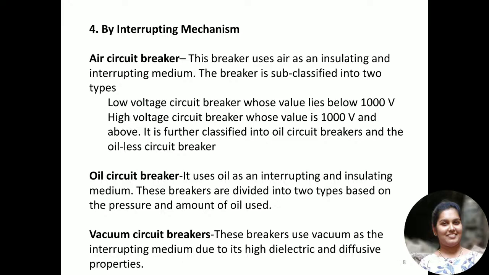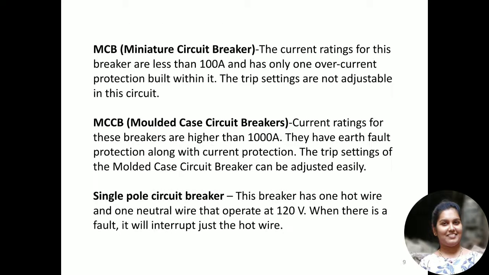Okay, the next one is MCB. This term we might have heard in our houses most frequently. Before these MCBs, we used to call it a fuse, but these days in every house MCBs are common.